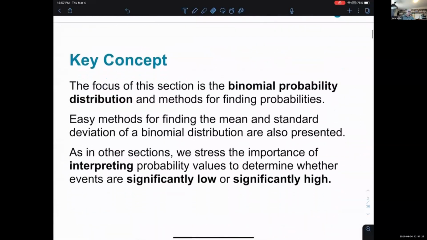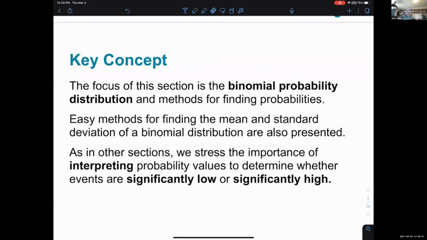All right, so here's the key concept. The focus of this section is the binomial probability distribution. So it's a particular distribution like the one I just gave. The one I just gave was not a binomial distribution. And the methods for finding the probabilities. So here we're going to have a certain kind of distribution and there's going to be numerical outcomes, but we're going to focus on how to find out what those probabilities are for a binomial probability distribution.